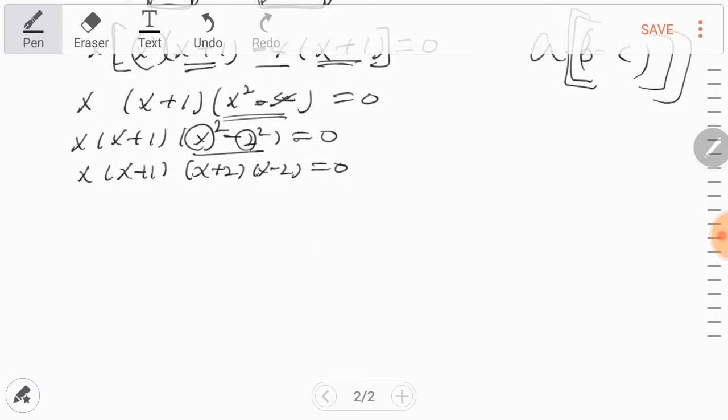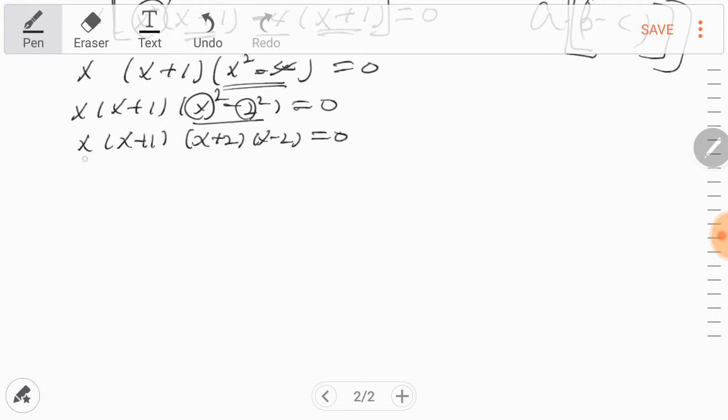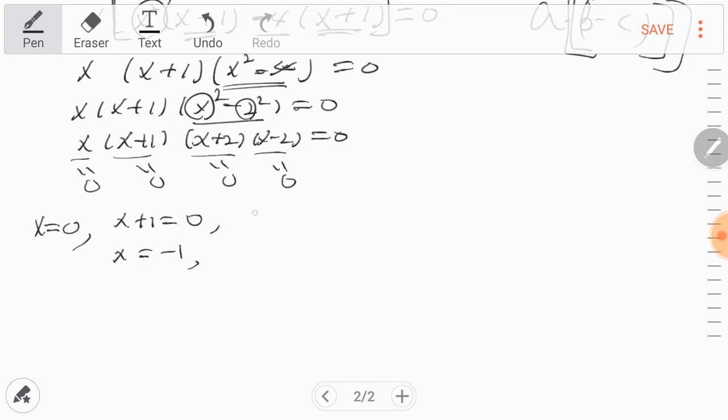So the left side of the equation, how many factors are there? 1, 2, 3, 4. So we can set each factor equal to 0 and find x. So from the first one, x equals 0. From the second factor, x equals negative 1. From the third factor, we have an equation, so x equals negative 2.